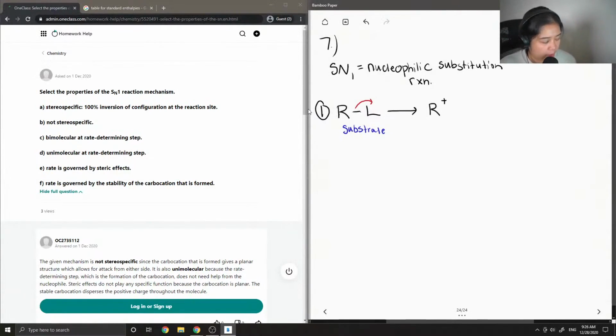And we're left with R+ and L-. Okay, so I'll also just write down that R+ is considered our carbocation. So this just means a positively charged carbon group. And L is our leaving group.